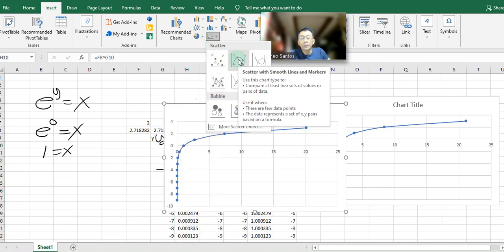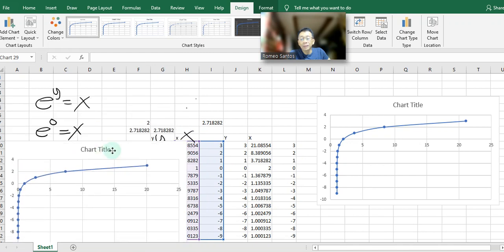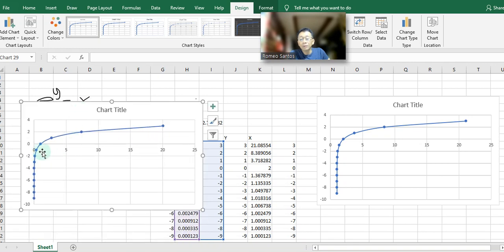So we use this, and you can see this is 1, 0. When y is 0, x is equal to 1, and so on. The curve gets closer and closer to the y-axis.